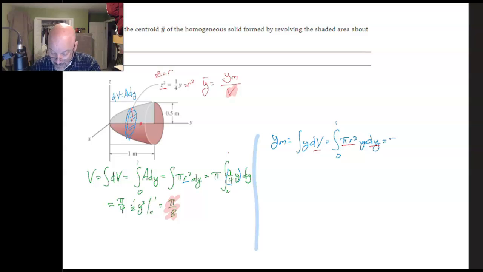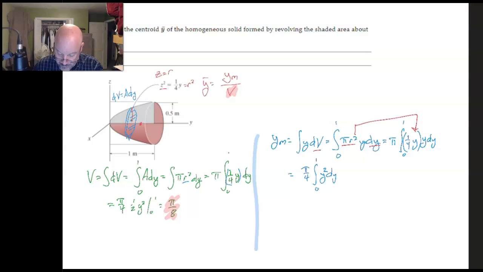So I still have pi, 0 to 1, r squared is 1/4 of y, then I've got my y dy. Again, the r squared becomes that term right in there. Simplify that up: I've got pi over 4 out front, 0 to 1, y squared dy.